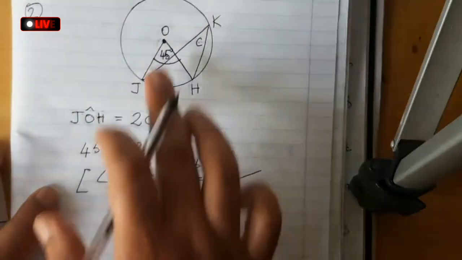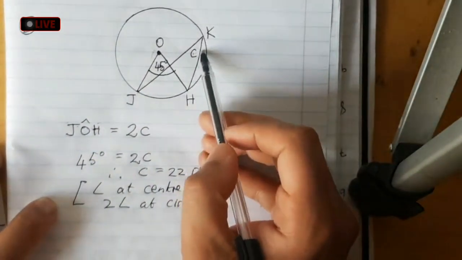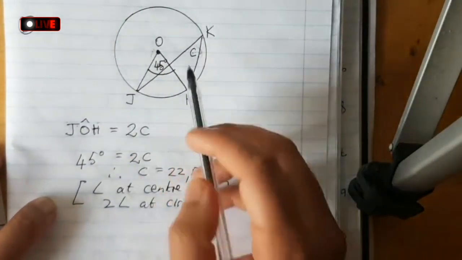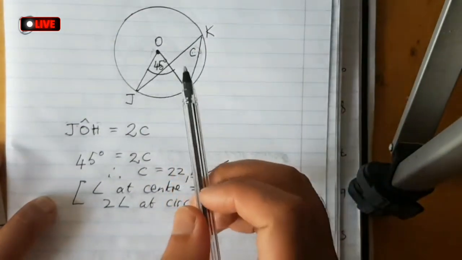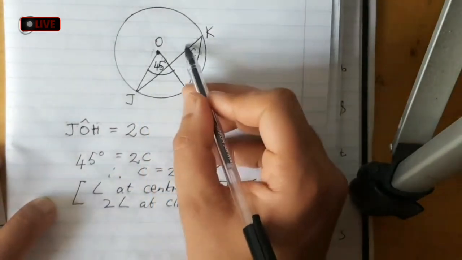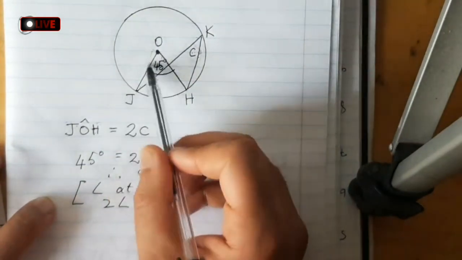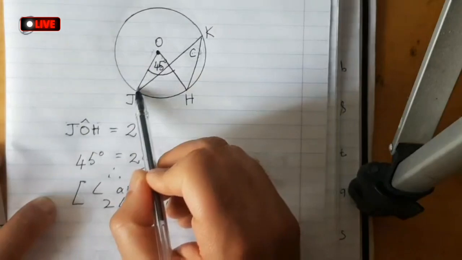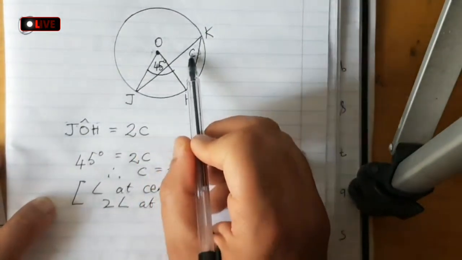Well, let me first run through this one again. Here we are asked, what is the value of C? How do I get C? One of the theorems states that the angle at the center is twice the one at the circumference. What is the angle at the center? It is 45, but I'm going to write it down mathematically: angle GOH is equal to twice the one at the circumference.